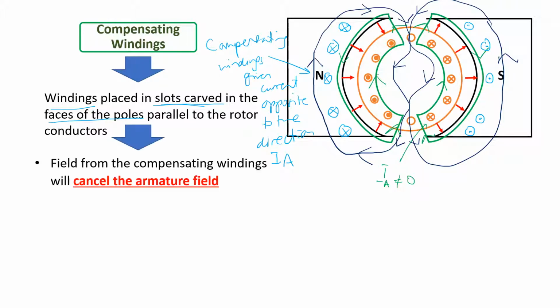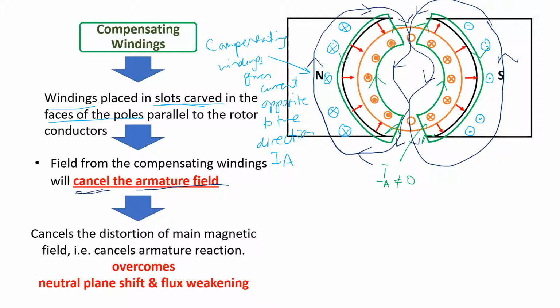So what we can see is the fields from the compensating winding totally cancels the armature field because they are in opposite directions. And the cancellation of the armature magnetic field by the compensating winding magnetic field eliminates the distortion of the main magnetic field and cancels armature reaction. So compensating windings are able to overcome both effects of armature reaction, which are neutral plane shift as well as flux weakening.